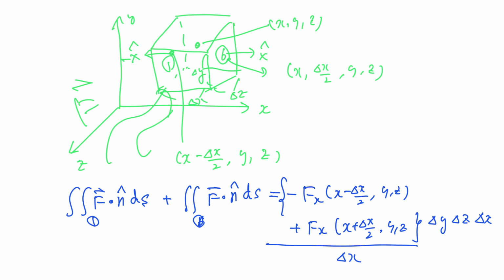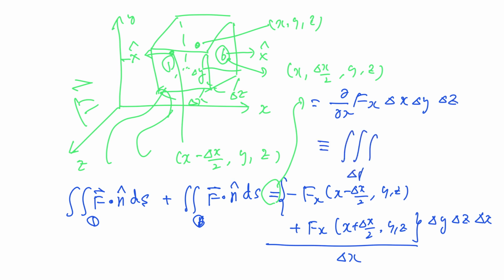Then it becomes partial fx over partial x, delta x, delta y, delta z, which is approximately partial fx over partial x dV.